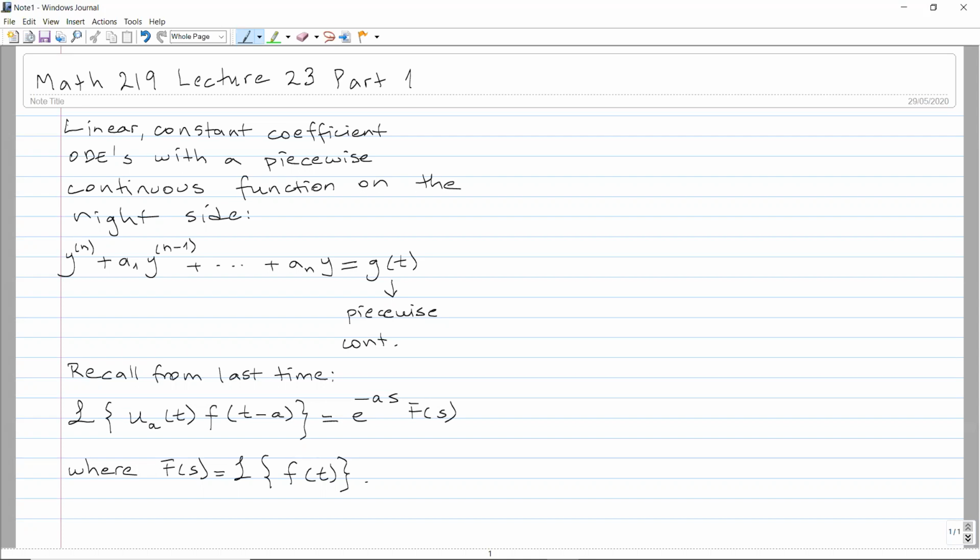You take the same function, capital F of s, and you just multiply it with the exponential function. Okay, so let's work out some examples.